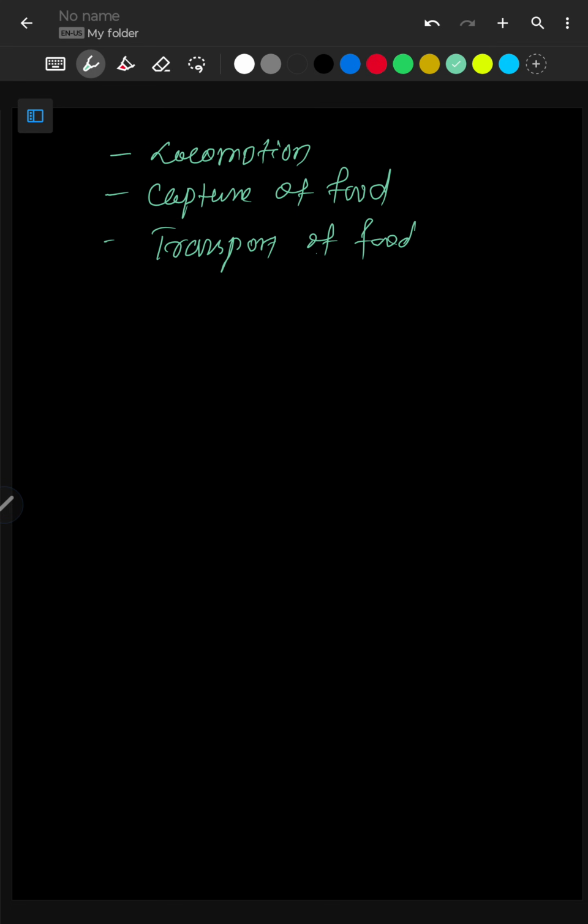Locomotion, capture of food, transport of food, then respiration. Okay, so these many functions are carried out by the water vascular system.